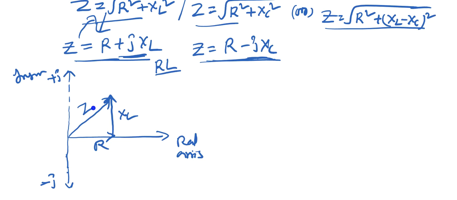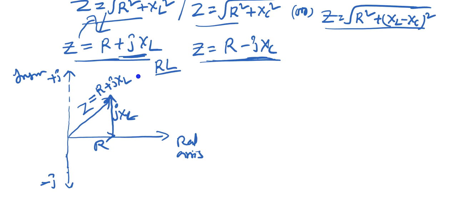So this is the Z. So obviously, JXL is nothing but the imaginary part. So this part is nothing but R plus JXL. This is the real part plus the imaginary part, combined. So this is the RL circuit.